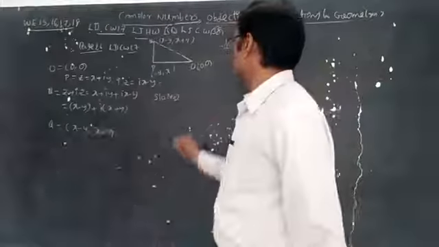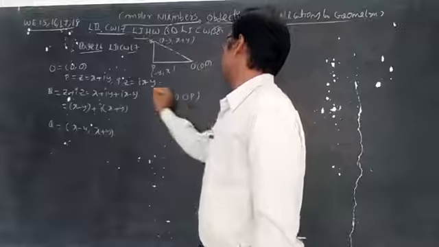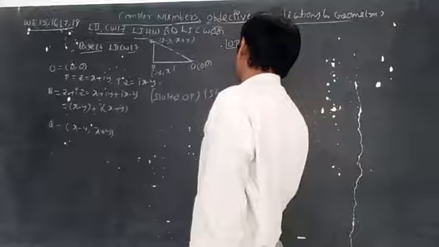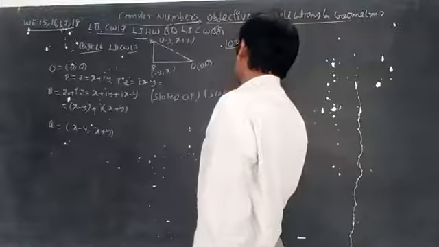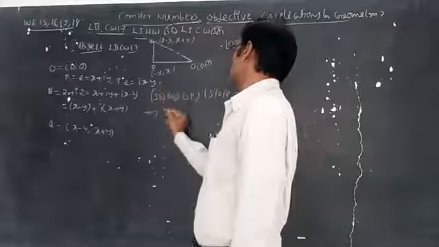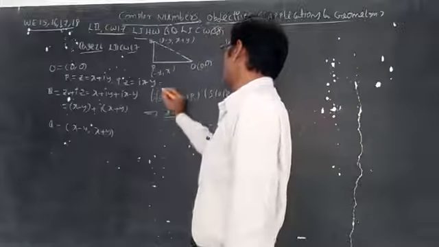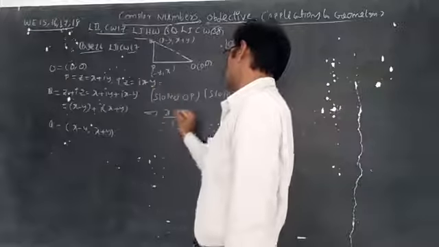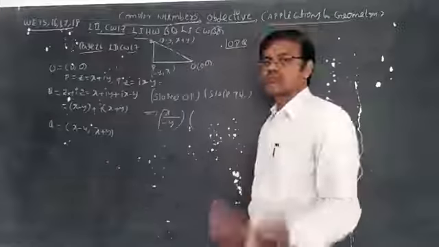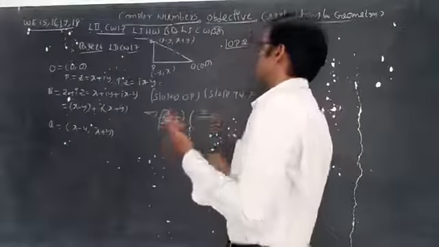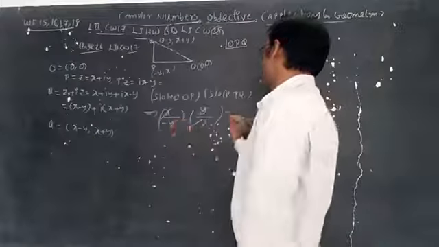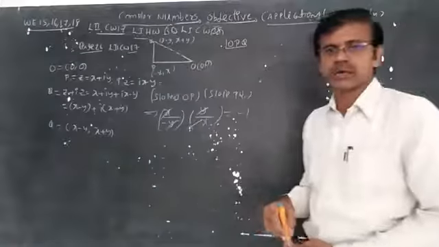Slope of OP into slope of PQ: slope of OP is x minus 0 by minus y minus 0, so x by minus y, into slope of PQ, x plus y minus x becomes y, by x minus y plus y, which is x. X and x get cancelled, y and y get cancelled. The product of slopes is equal to minus 1.